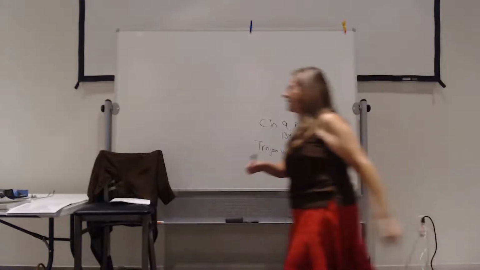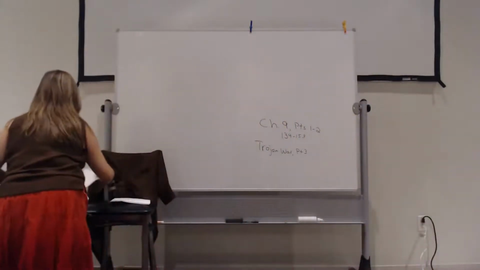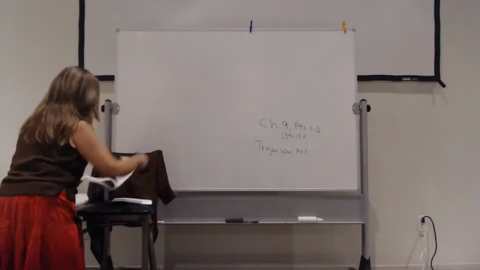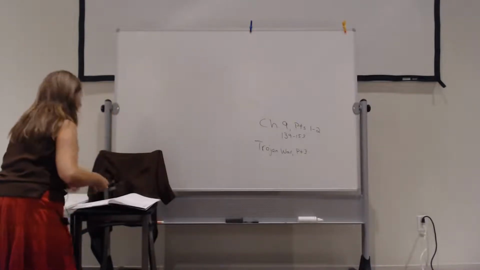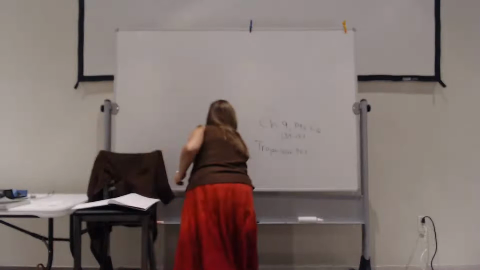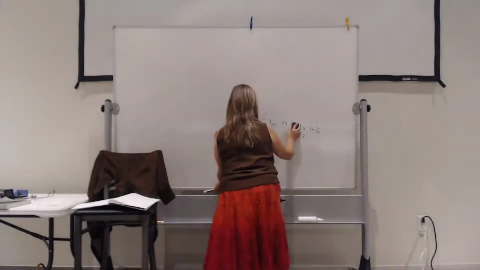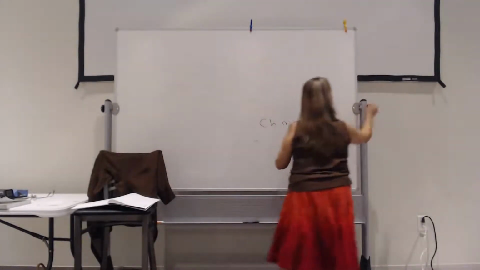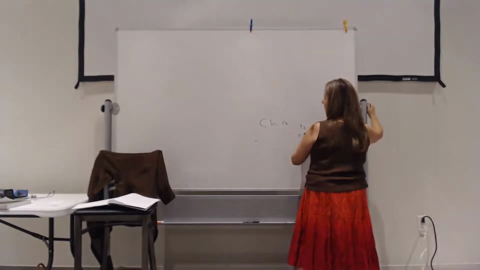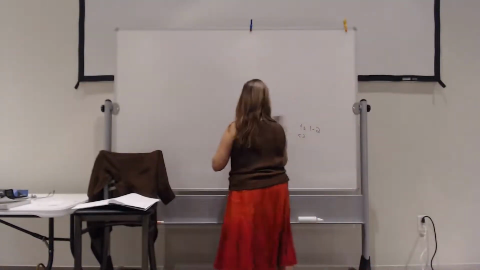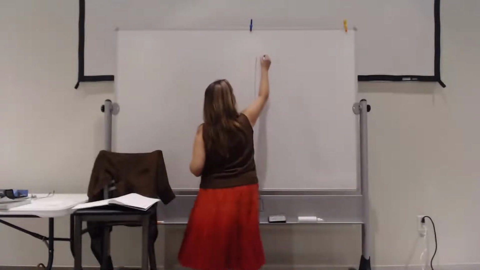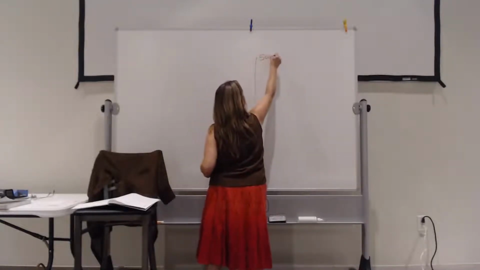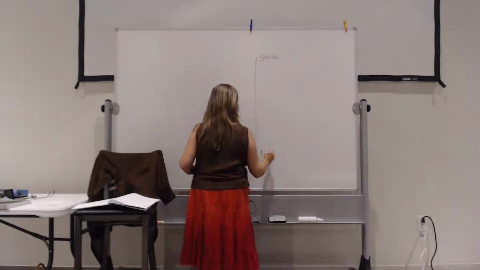So let's find out what page it is in your book. Go to page 72. So you should have a timeline that has 500 BC at the top and 1 BC at the bottom.